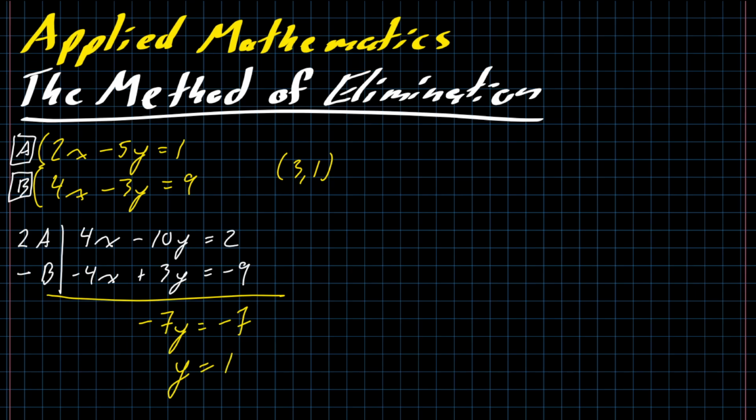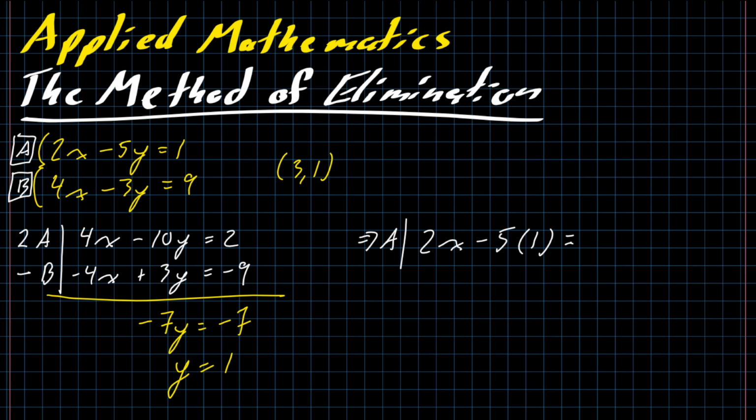Now take that value and plug it into either of the equations that we started with. I'll plug it into the first equation, but it really doesn't matter. When there's a fraction, sometimes you can choose an equation where you notice that you'll multiply and cancel out the denominator and no longer have a fraction.